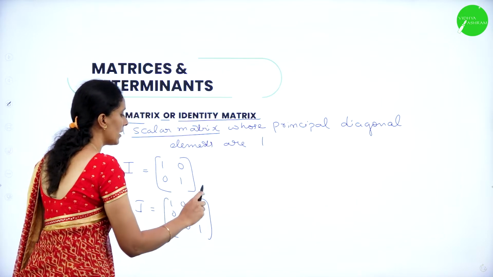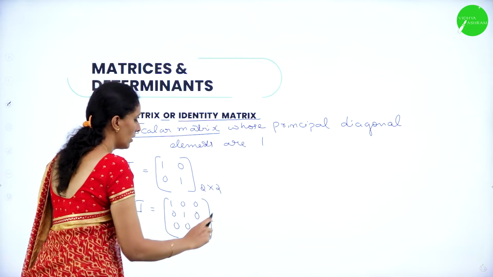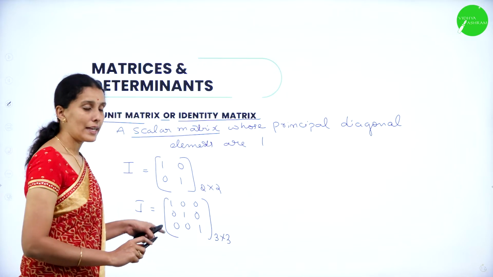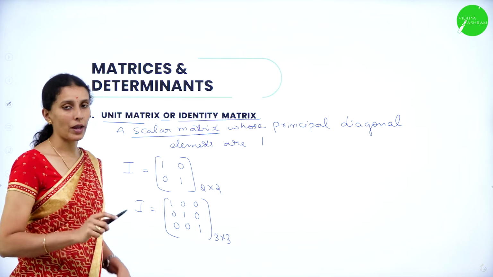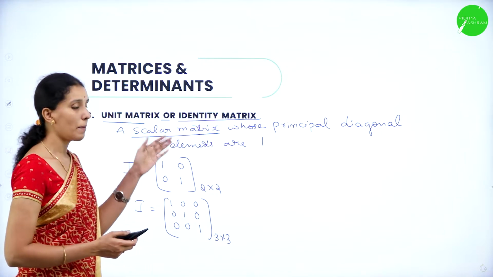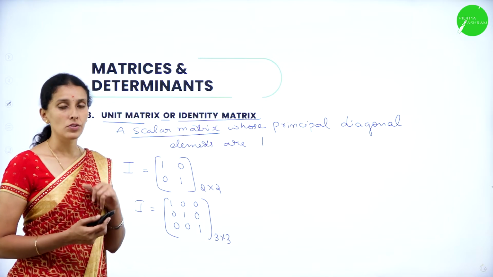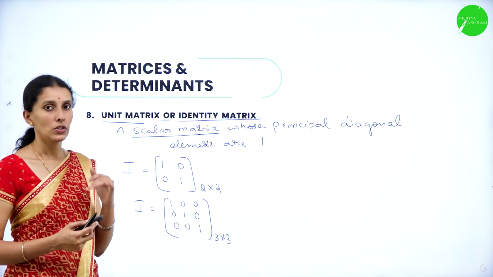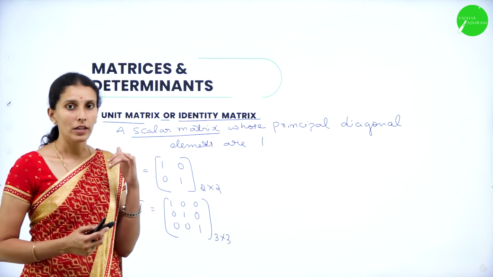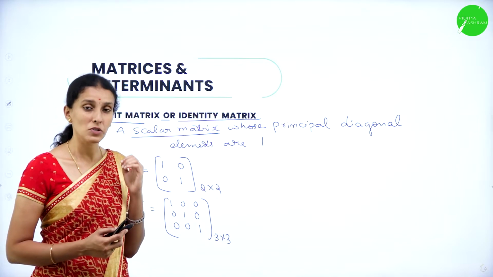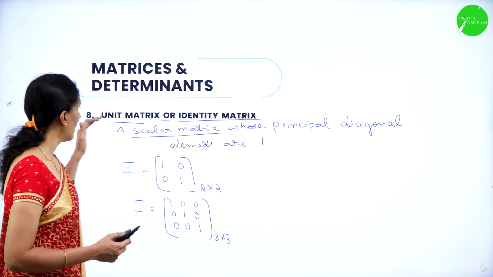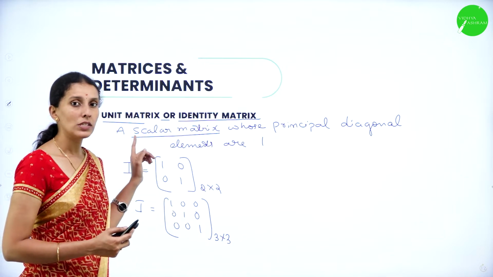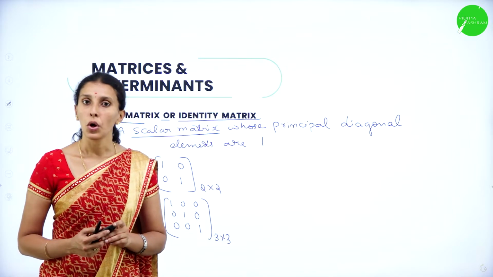So it's an identity matrix of order 2 cross 2, and an identity matrix of order 3 cross 3. Again, an identity matrix is also a square matrix, because a scalar matrix is also a square matrix, and a diagonal matrix is also a square matrix. Therefore, the number of rows and number of columns will be the same. Again, a unit matrix is nothing but a scalar matrix whose diagonal elements are equal to 1.